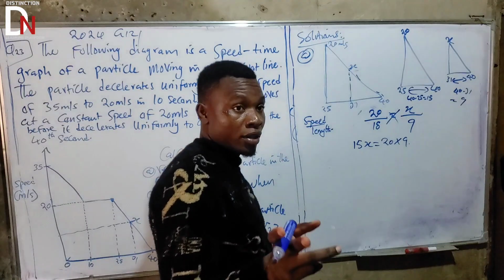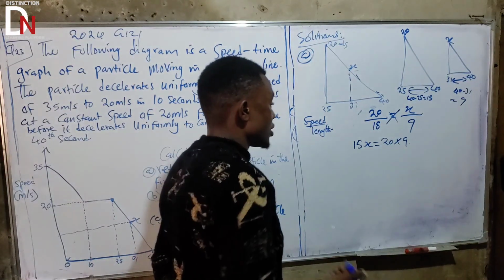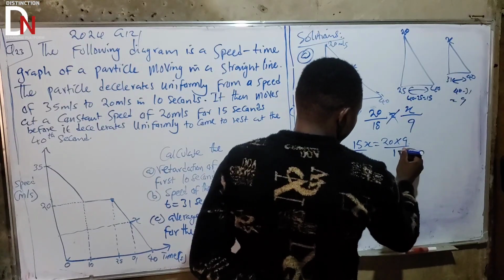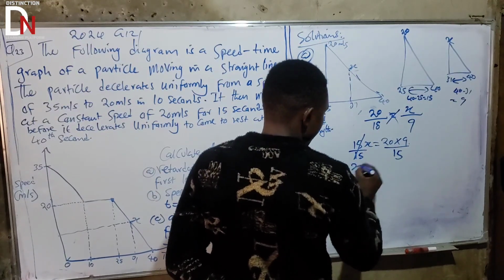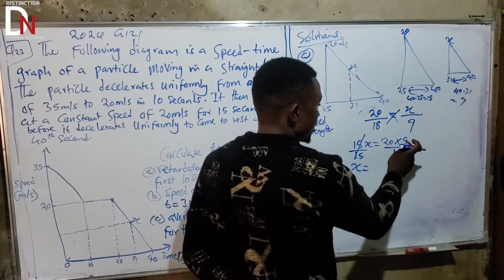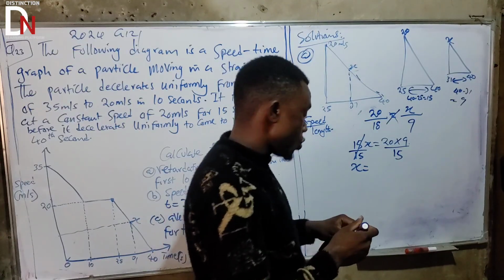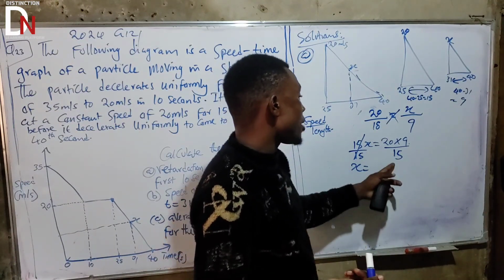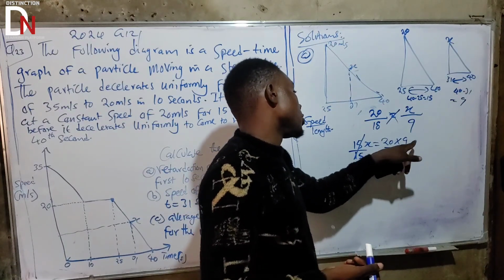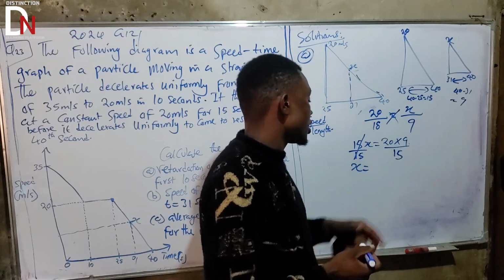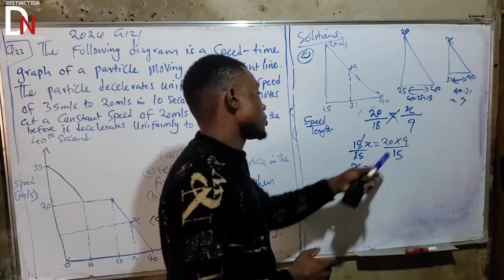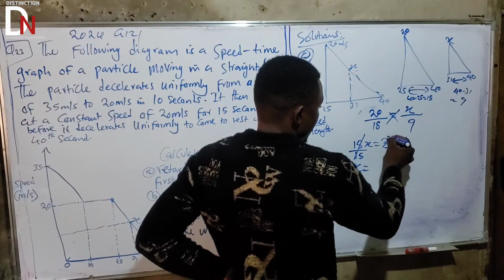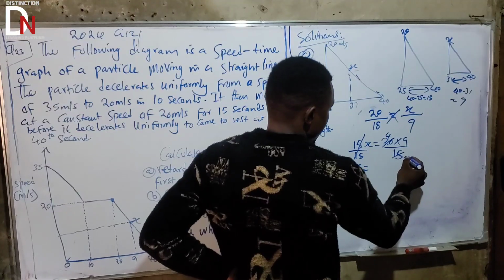Remember, this is paper 1, so you don't have to multiply. You just write it the way it is. We don't want to work with big numbers. So x is equal to 20 times 9 over 15. I'll look for a number which can go into 20 and 15 without leaving a remainder. 5 into 20 is 4, 5 into 15 is 3.